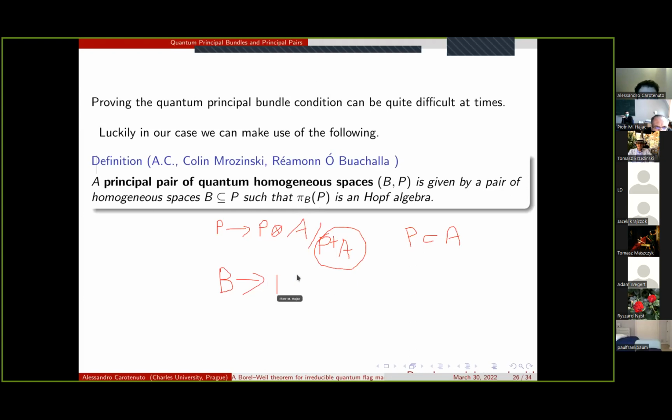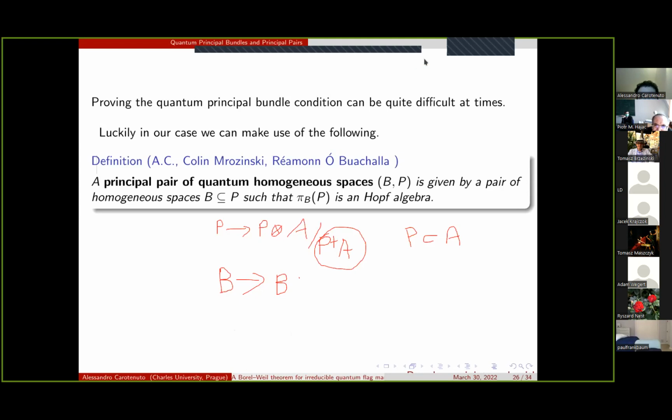I have these two maps on the whole A. I have a map that goes from A to A tensor A quotiented by P plus A, and from B into B tensor A quotiented by B plus A. That's what I'm trying to write. It should go to A tensor.